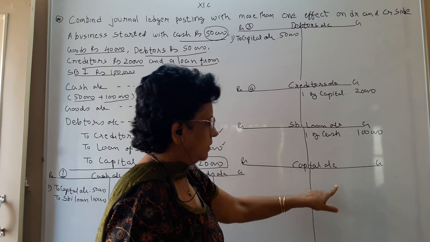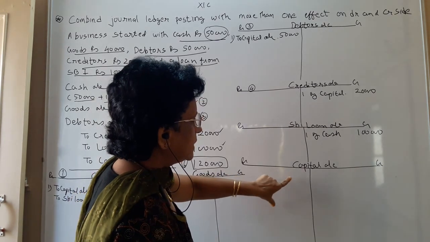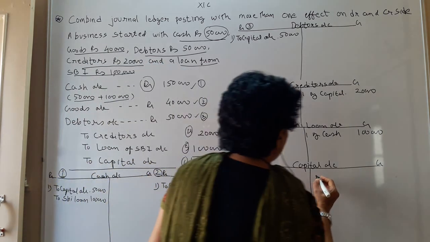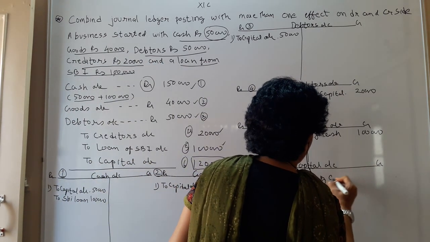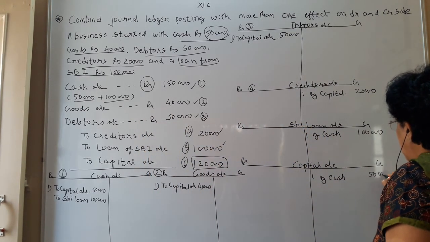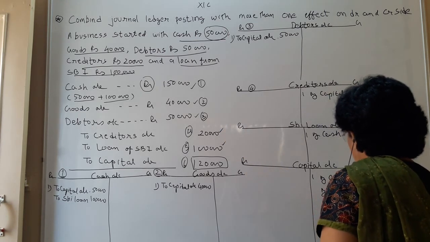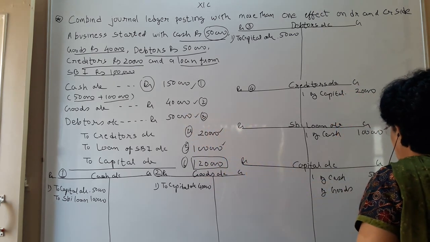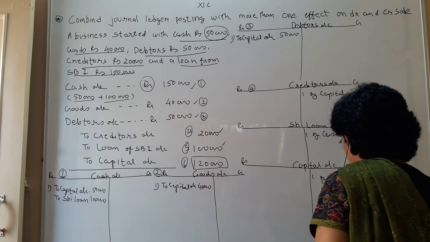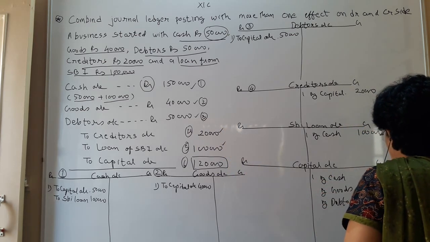Now the most important one is the capital account. The owner has brought several things into the business. Number 1, by cash, the owner has brought rupees 50,000. Then by goods, he also brought 40,000. Then you have the debtors; the owner has brought 50,000.